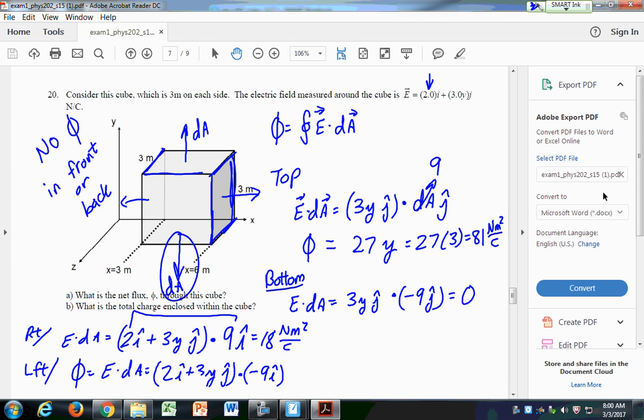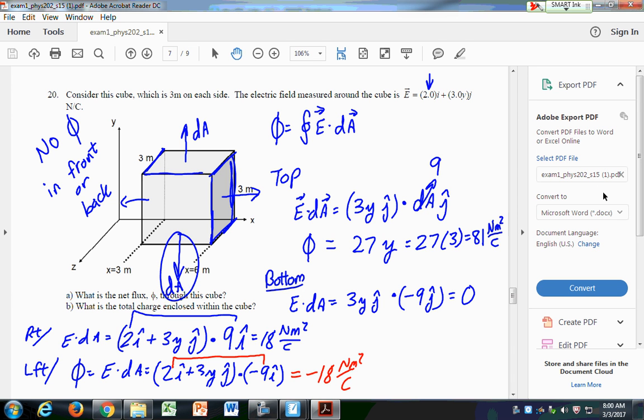But in this case, all the faces have the same area. Then I do the dot product, recognizing that i dot i is equal to 1 and j dot i is equal to 0. And so that gives me, in this case, minus 18 Newton meters squared per coulomb.